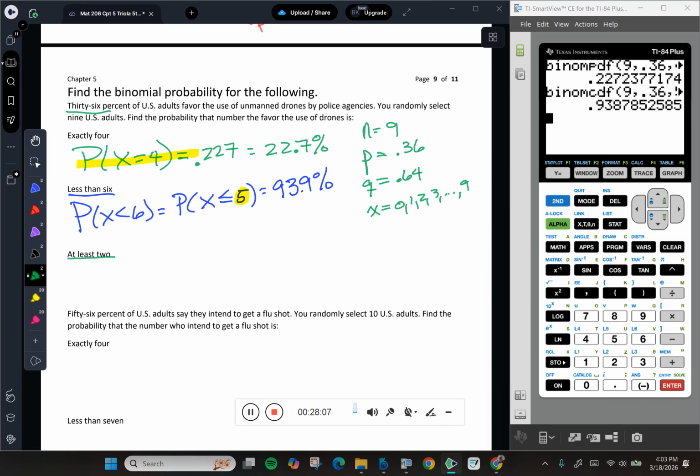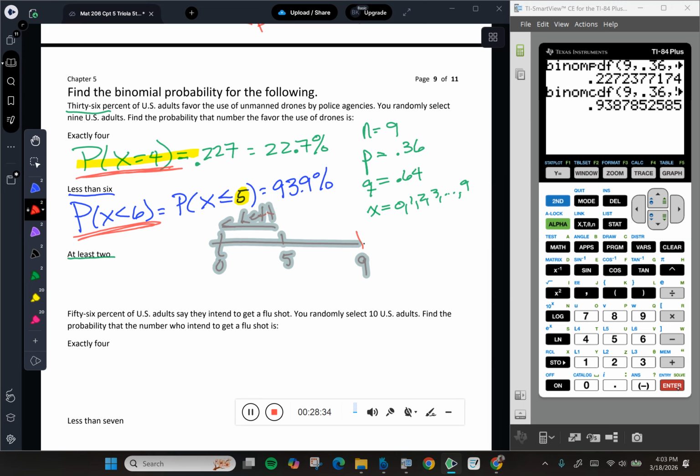At least 2. Well, that's going to be tricky. Okay, this one was a single value. This is a left tail because it's asking for 5 and below, moving to the left. If we think of a number line, we're starting at 0 and going out to 9. We want 5 and everything left of that. So that second one is a left tail one they want us to calculate.